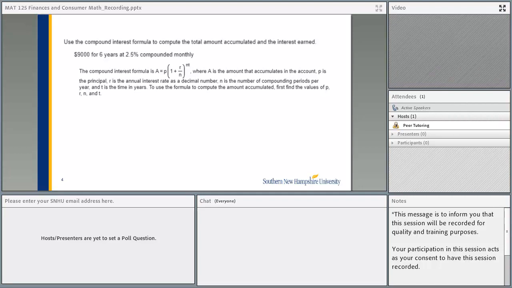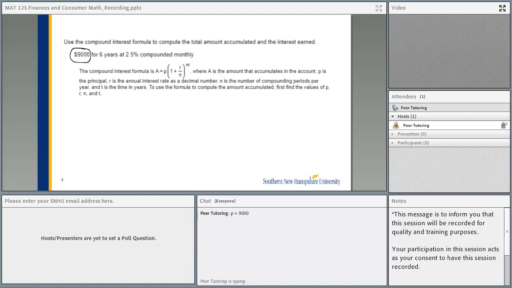The first thing we're going to do is figure out what each of the letters represent. In this case, our value of P is going to be 9,000. I'm going to put it right here in the chat: P is equal to 9,000.